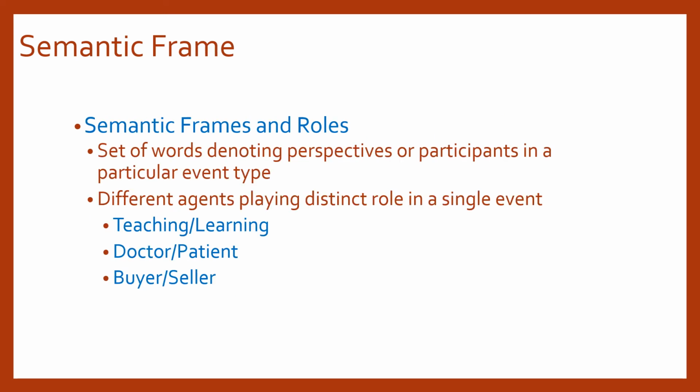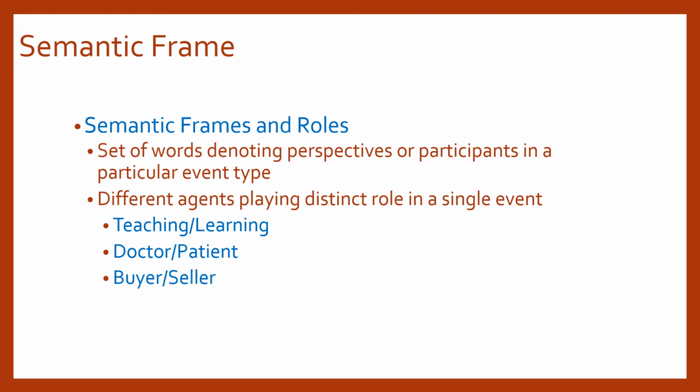Related to this is the semantic frame, where you are talking about a particular event, and while describing that event you use certain words, among which there are many words that have very specific roles to play, or what we call semantic roles.